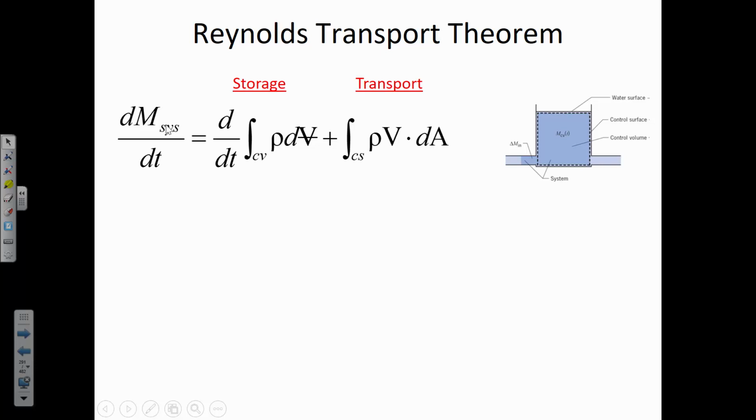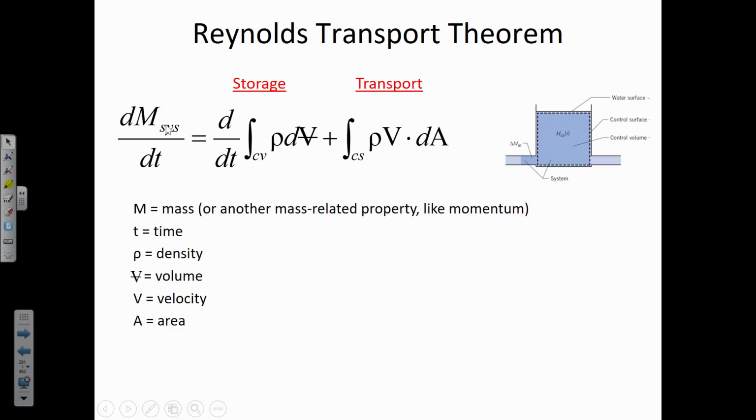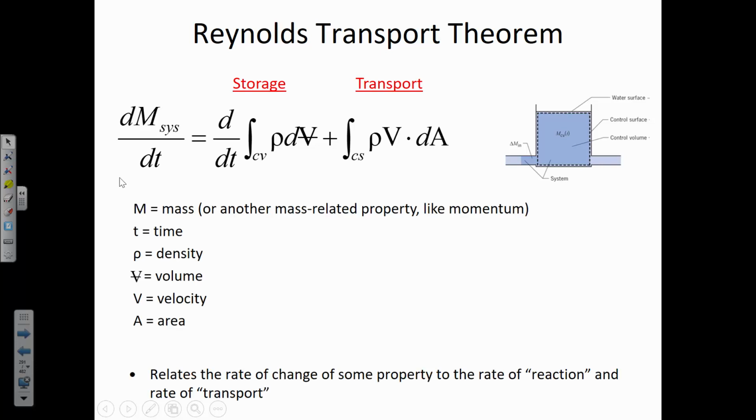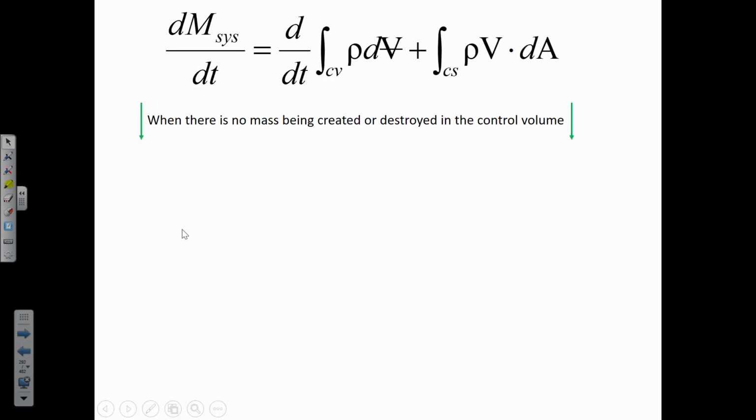But if we've just got fluids that are conserved and there's no reaction, then we're going to have a situation where we say, let's have this left-hand term cancel out to zero. So here we're just defining all the terms that we've already talked about. So here it is again, the Reynolds transport theorem, but let's say that there's no mass being created or destroyed.